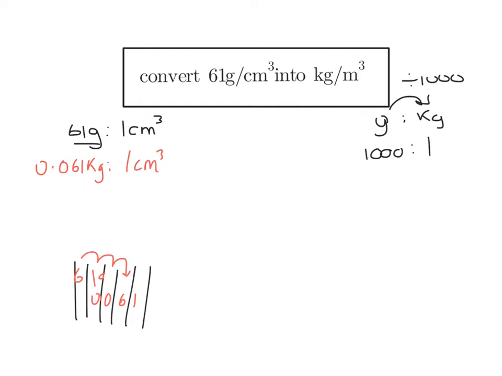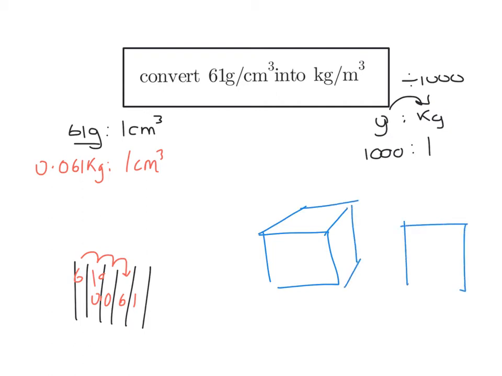So I need to demonstrate this using some cubes. I'm going to use 2 cubes exactly the same size. Here's my cubes. And the one is going to be measured in metres, so it's going to be a metre by a metre by a metre. So that's 1 metre cubed.